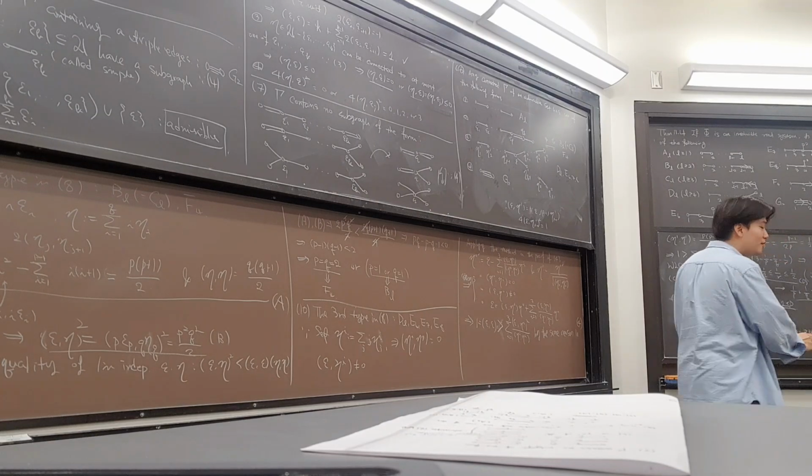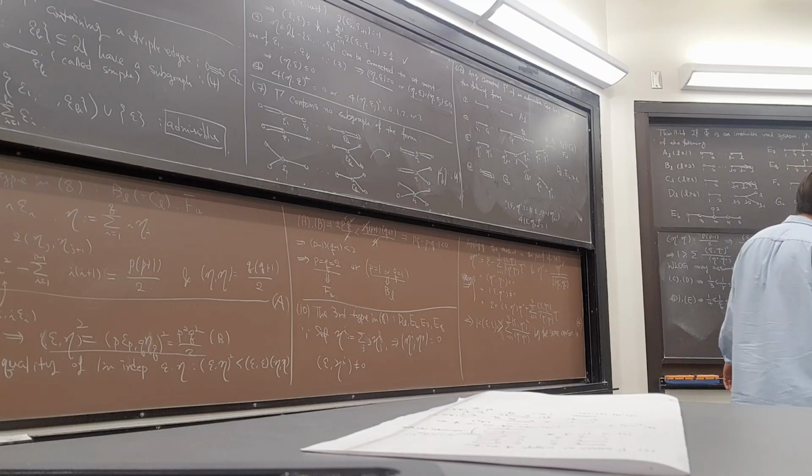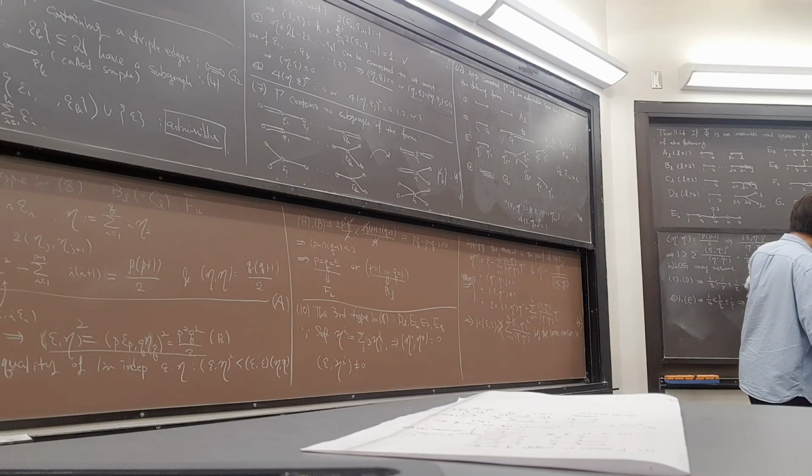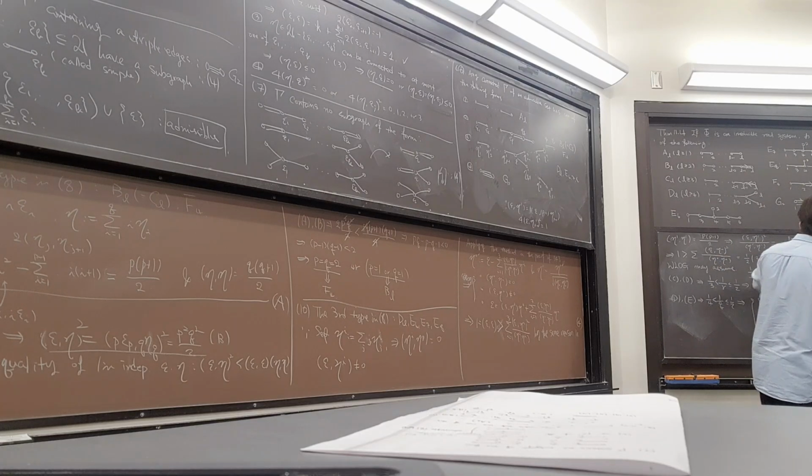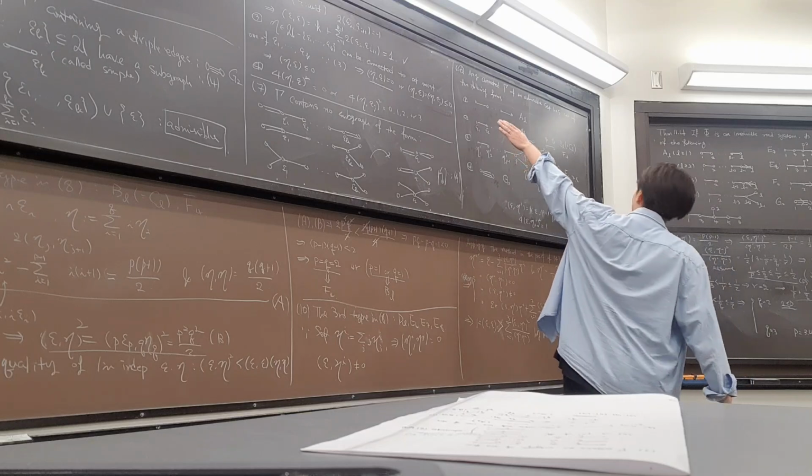In the first case, p is bigger than 2 because this is smaller than 1 half, right? Okay. And we don't need to consider p is 1 because if p is 1, it's just AL.